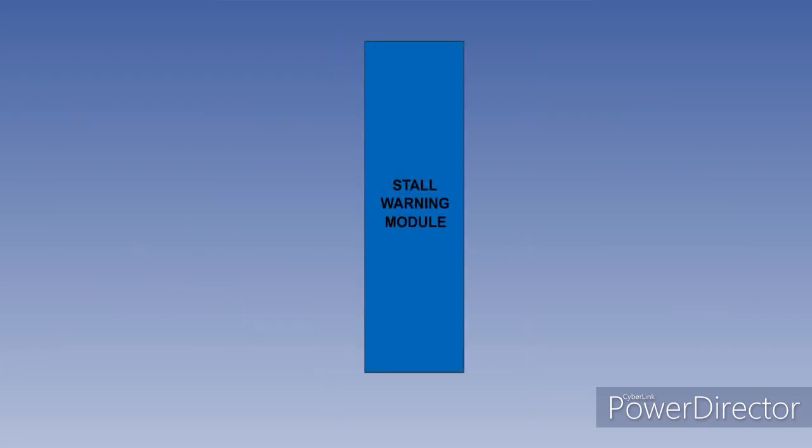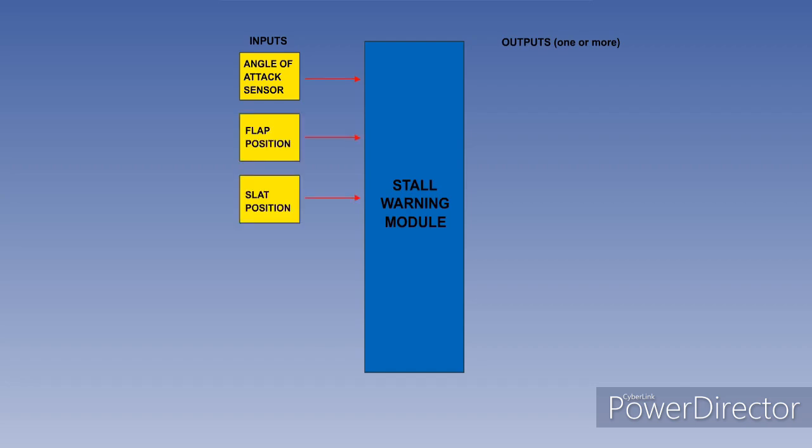We are now going to look at the typical components required for a stall warning protection system to function. If we look at the inputs required, we need to know the angle of attack, which is provided by a sensor, which we will be looking at in more detail in the next part of this lesson. The positions of flaps and slats affect the pitch of the aeroplane, and therefore the system requires that information.